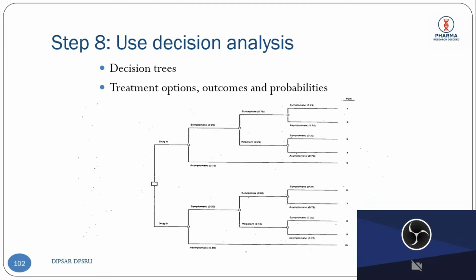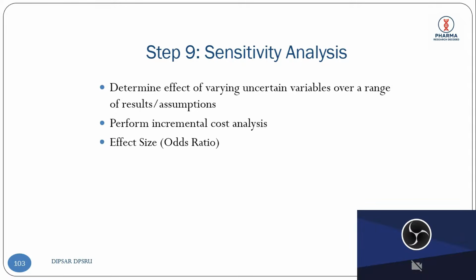And the decision tree, again, depends upon what kind of research question you have. Then we do sensitivity analysis to determine the effect of varying uncertain variables over a range on the result or assumptions, and we perform incremental cost analysis, and then we check the effect on the overall estimate.